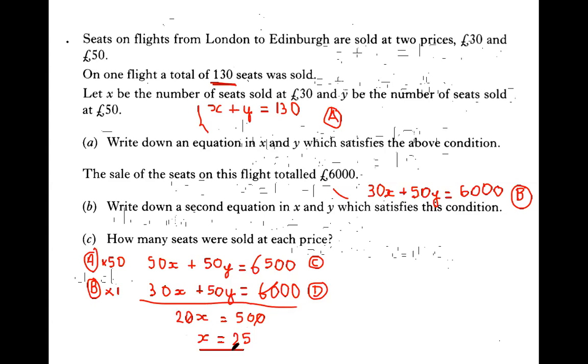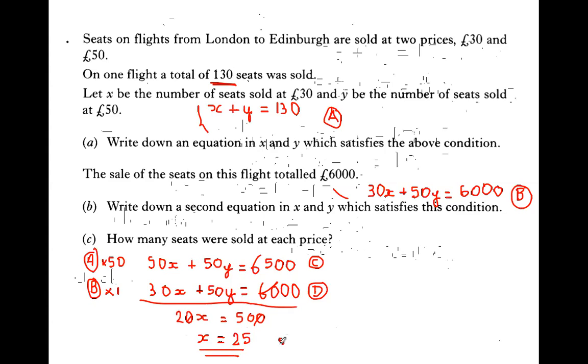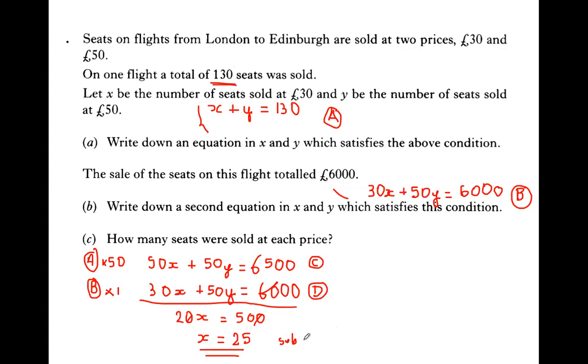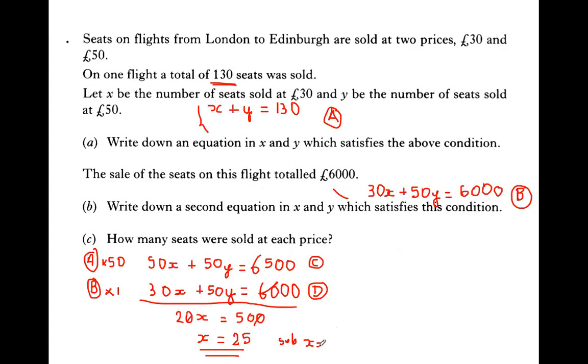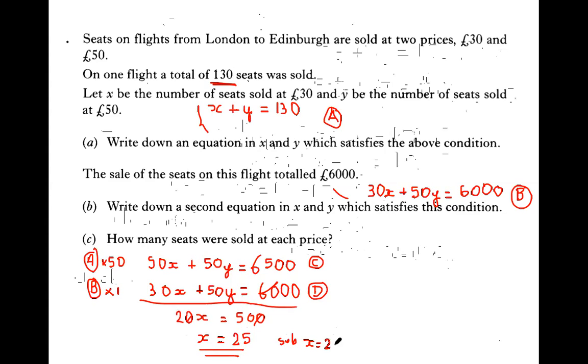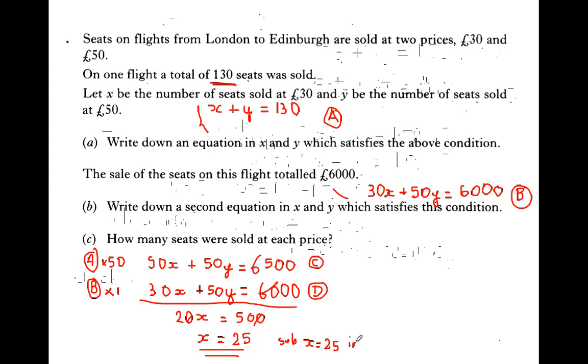Now we're going to sub that into x plus y equals 130. So sub into A, because that's the easiest one. Remember, we are looking to make fewer mistakes. Sub x into A. So 25 plus what gives me 130?